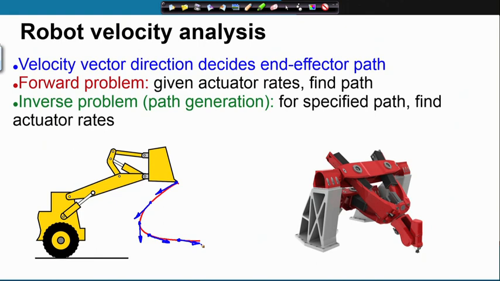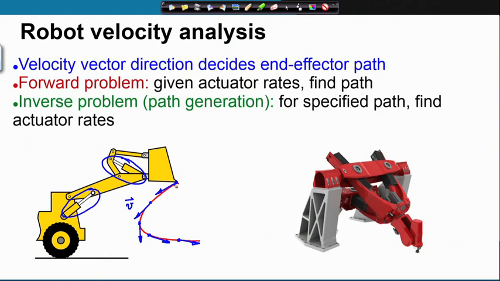So, corresponding to a certain velocity at a particular point, this is a velocity vector, you have to find out the rate of expansion of the actuators to produce that velocity vector at this point of the bin.